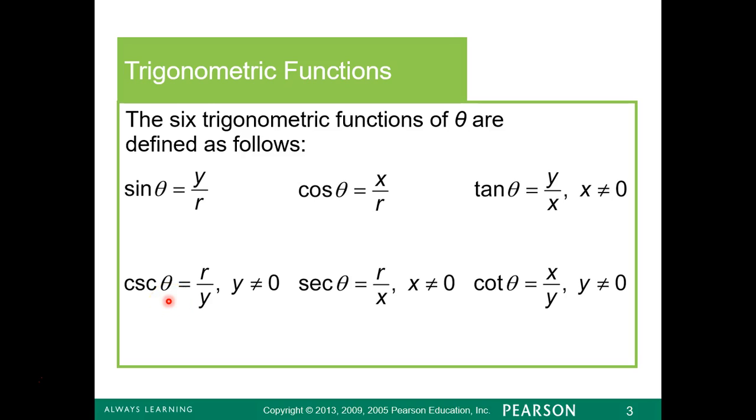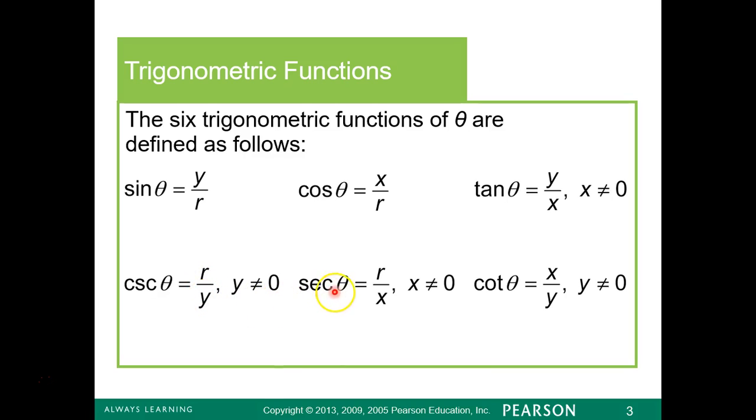Three trig functions that you probably have not seen before in a class are these last 3. Cosecant of theta is equal to r over y, which is just the reciprocal of y over r. So if you know what sine of theta is equal to, just flip these 2 numbers and you've got cosecant of theta.